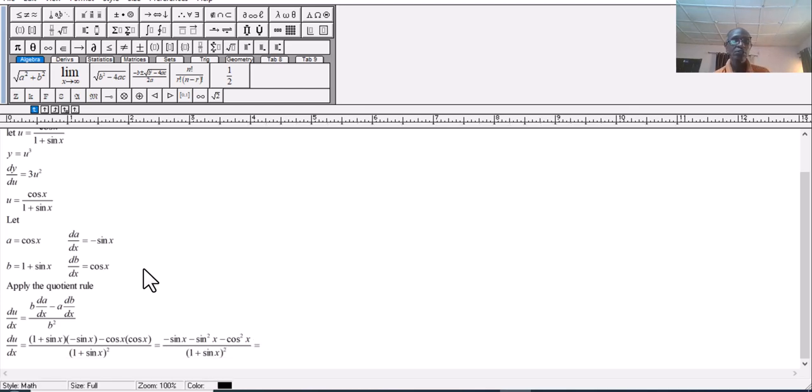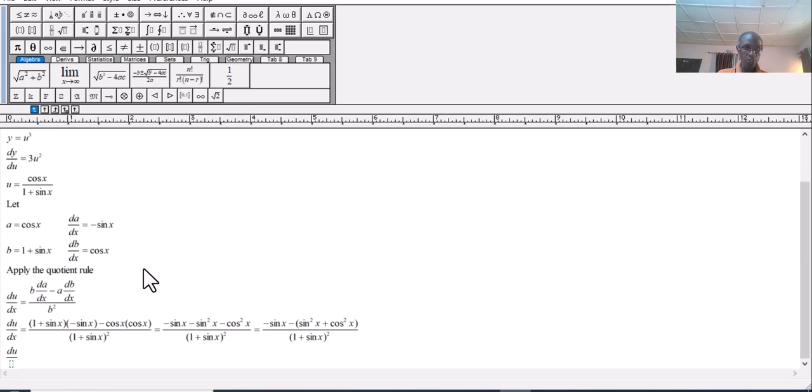So we can still work on this and factorize out. So equals minus sine x minus, so we have sine squared x plus cos squared x, all over 1 plus sine x all squared. So in this case we have du/dx.